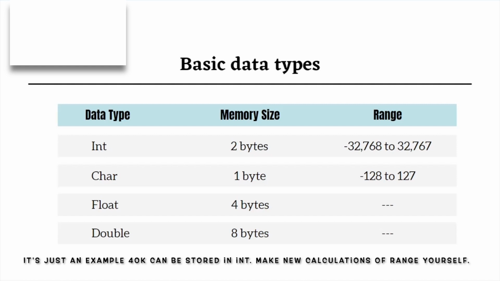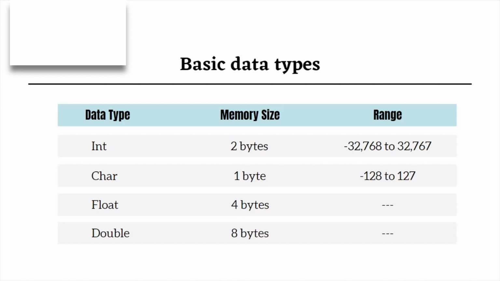So all the integers comes under double values, but all the double values do not comes under integer. So if we want to store 40,000, we cannot store it under integer. We have to store it under double. So this is the basic difference between int and double. These are the basic data types.